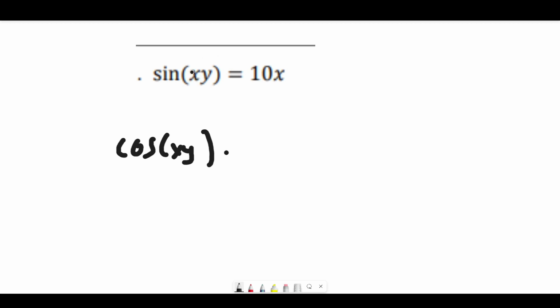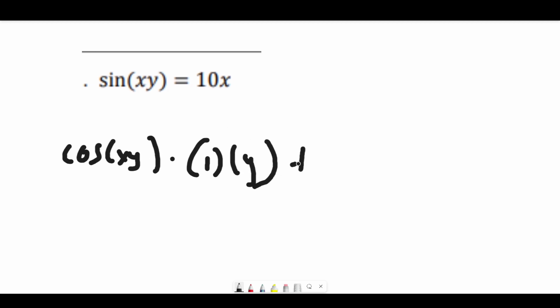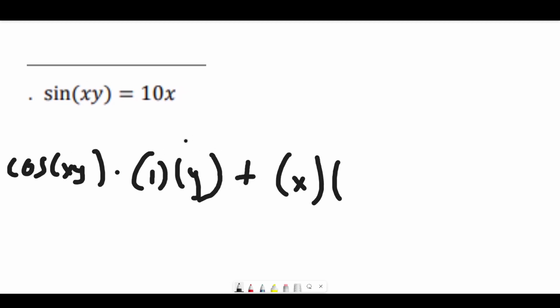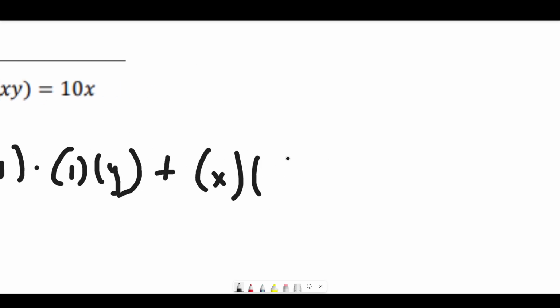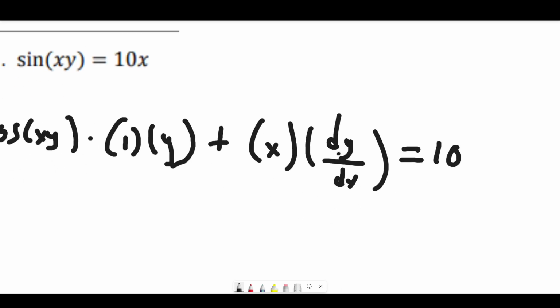So we have two functions, x and then y, so we have to use the product rule. So 1 times y plus x, and then remember, derivative of y is just dy over dx. And then the derivative of 10x is just 10.